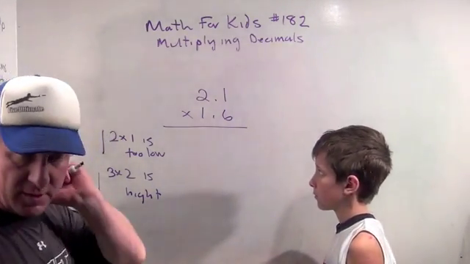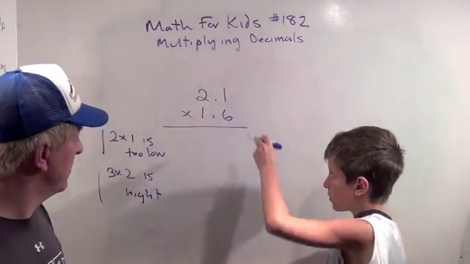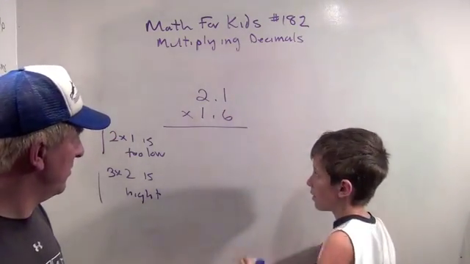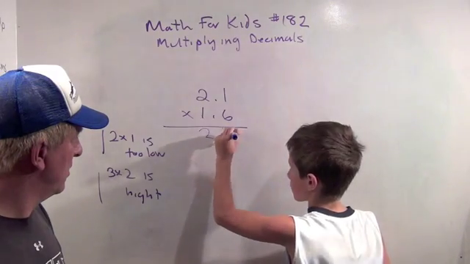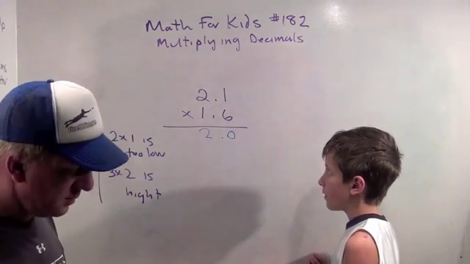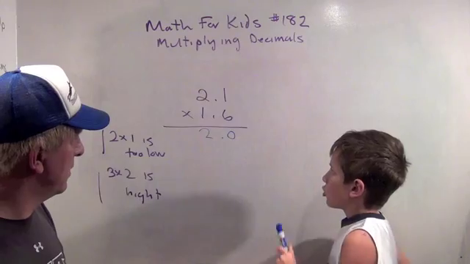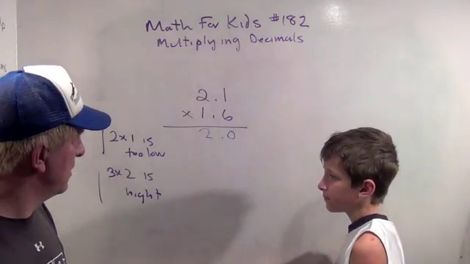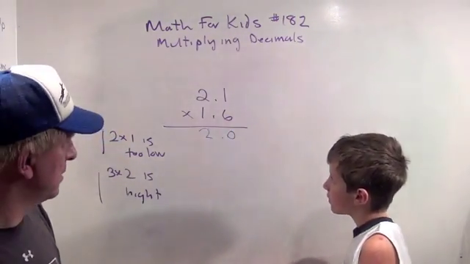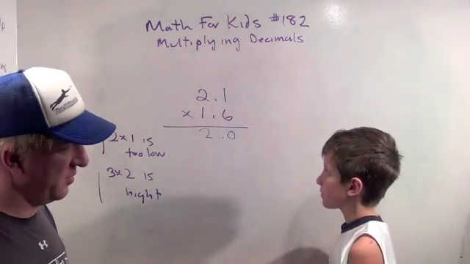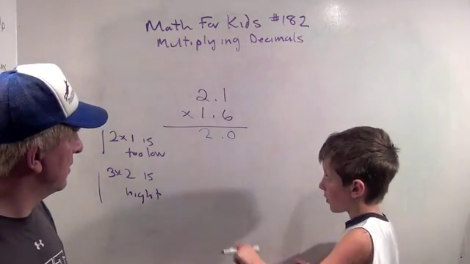Okay, so what would you do here? I do 2 times 1. Okay, 2 times 1, which is 2. And then 2 times 0.6. 2 times 0.6 is 1.2.